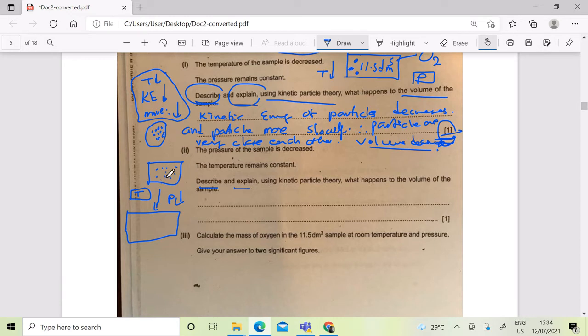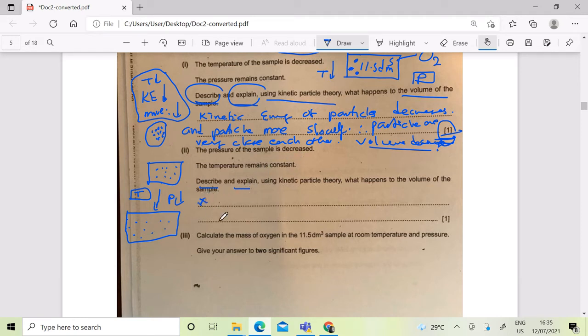What happens to the volume of the sample when the pressure is decreased? What will happen to the particles there? Decrease in pressure means the space between particles is very high. They move easily and randomly.